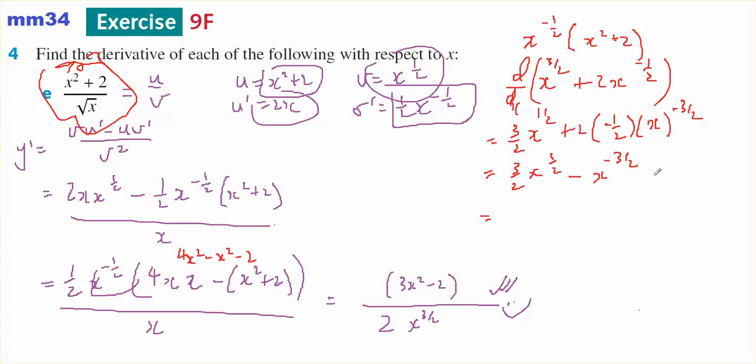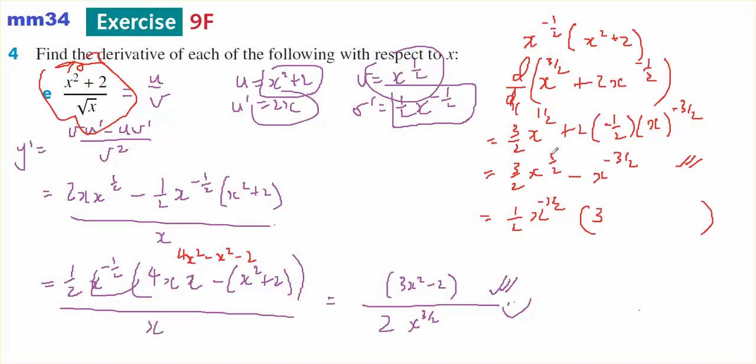And there's my derivative. However, I'd like to factorise it. So what common factors can I take out? I can take out a half. I can take out an x, and since that's a half and that's minus 3 on 2, minus 3 on 2 is the lower of the indices. The half went, that leaves a 3 on the inside.